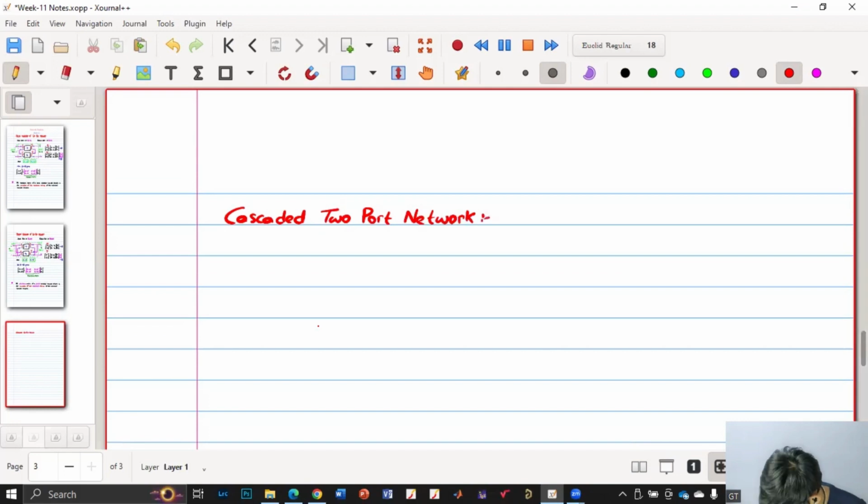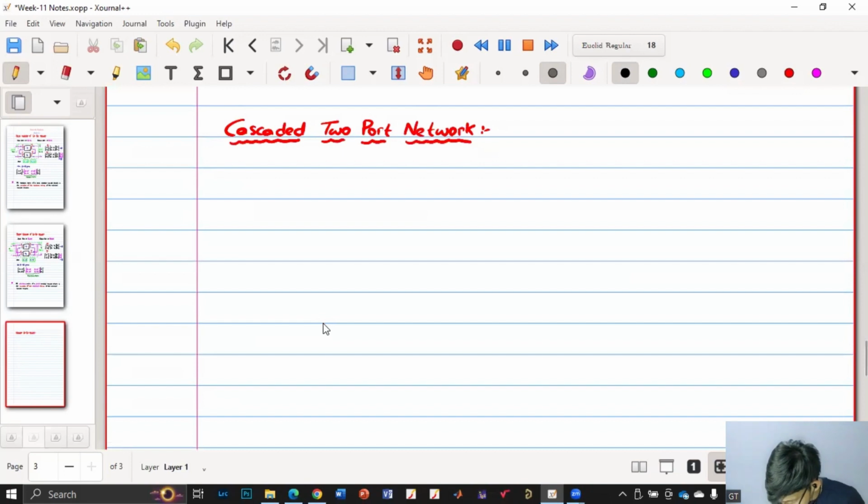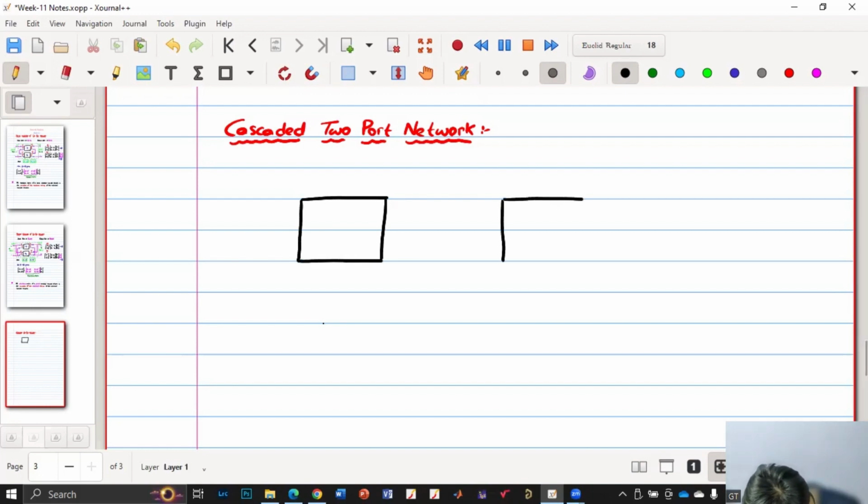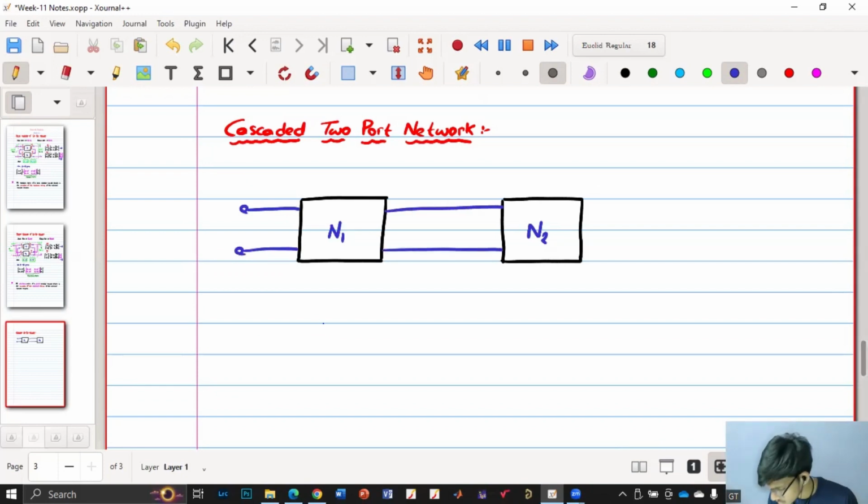So here we have network N1. Here we have network N2. This is our network N1, this is our network N2. This is directly connected, so the output of N1 is the input of N2.